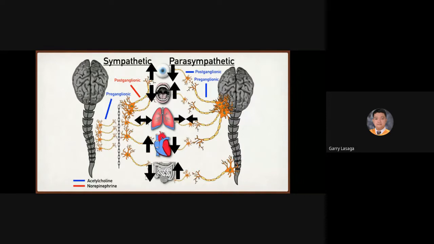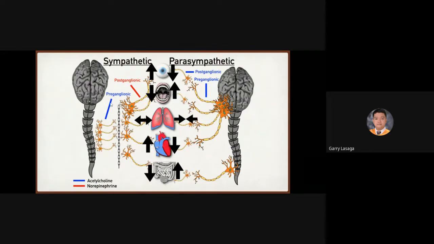So in this diagram, it is illustrated that the target organs of our sympathetic nervous system are the eyes, particularly the pupil. We also have the salivary gland, the lungs or the bronchi, the heart, and the gut or the stomach, as well as the urinary bladder and the liver.